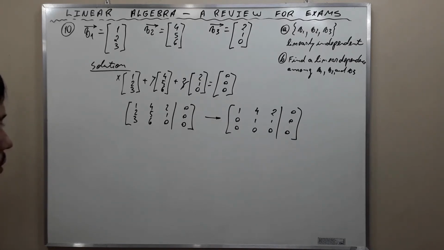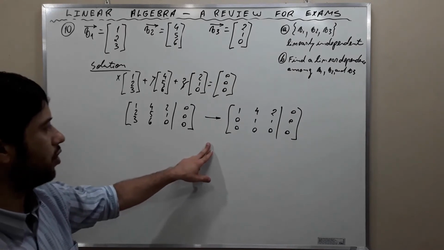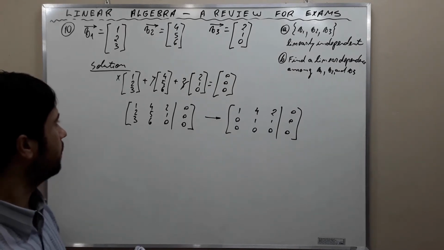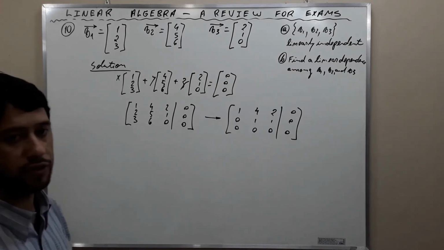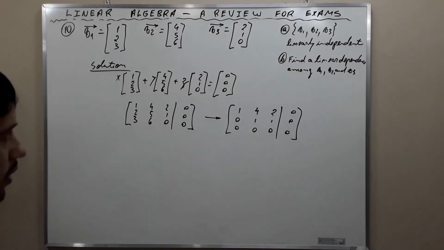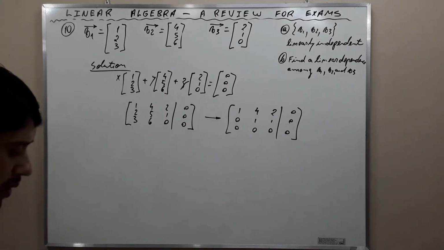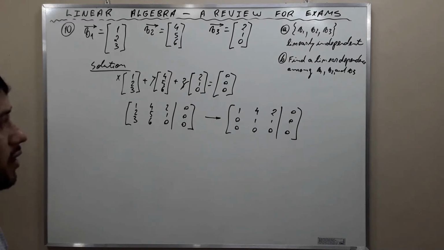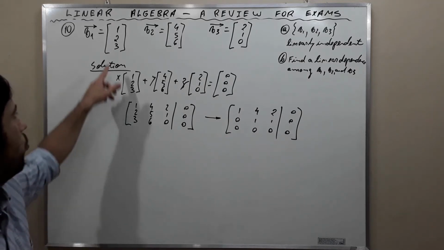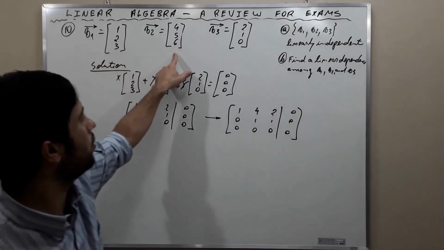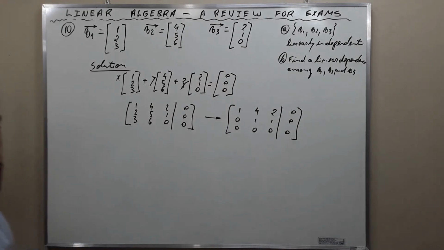And by inspecting this, we discover that the vectors v1, v2, and v3 are linearly dependent. They are not linearly independent. And what does it mean? It means that one of them can be written as a linear combination of the others. That's why they are linearly dependent.